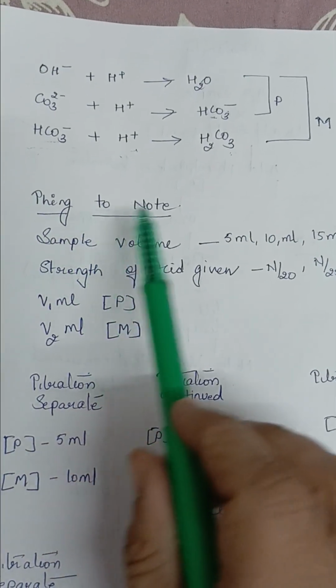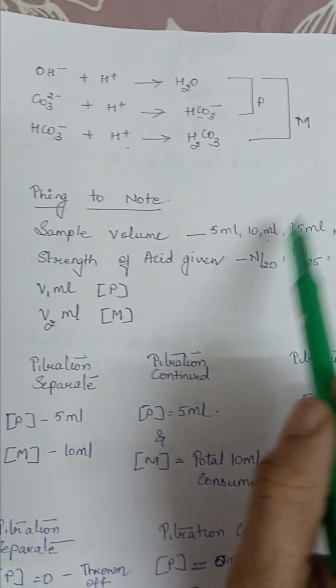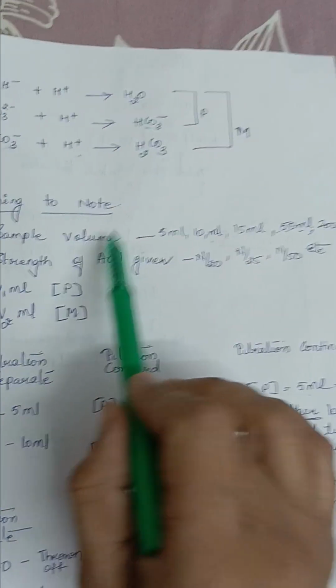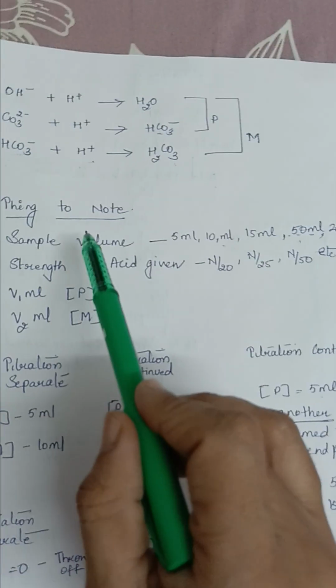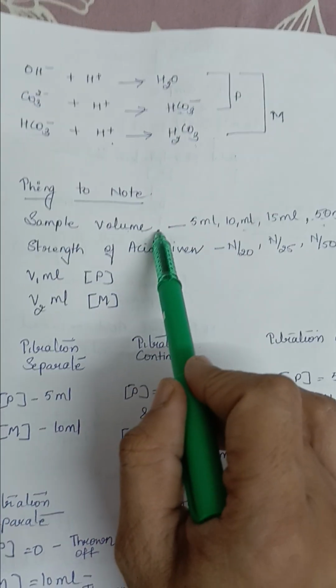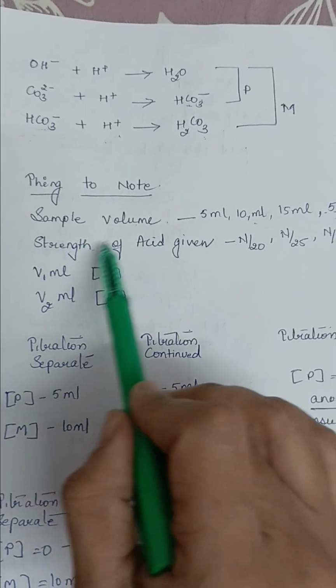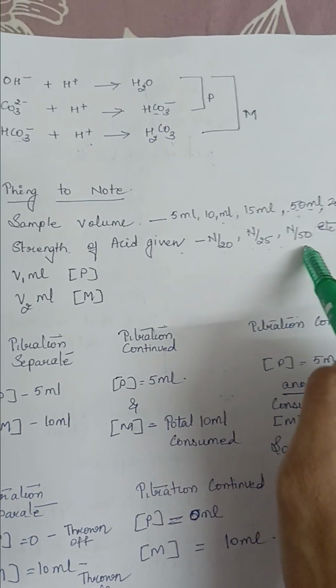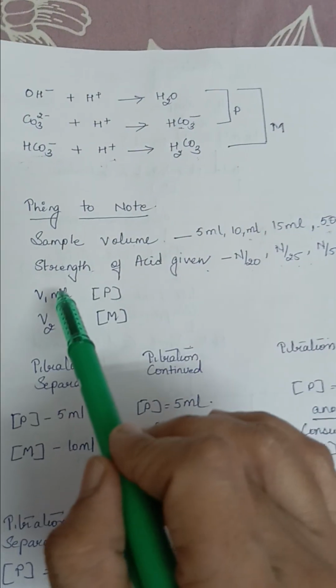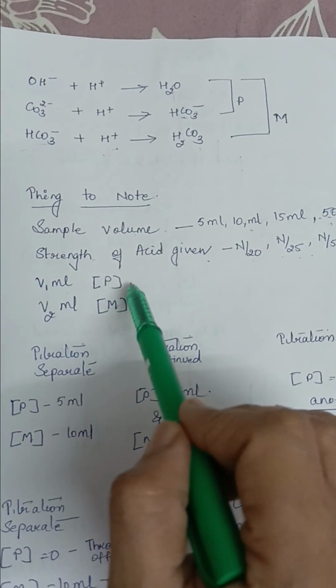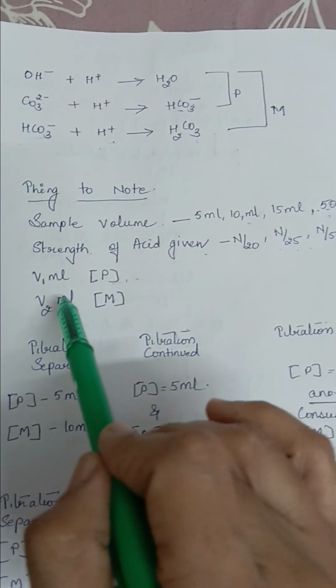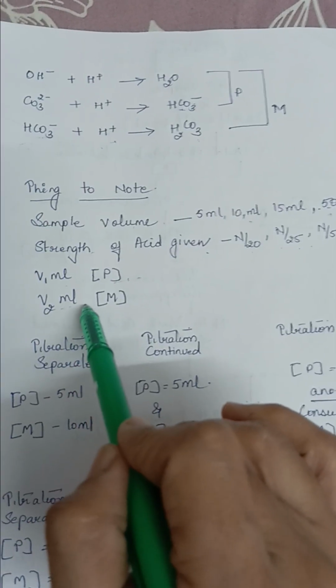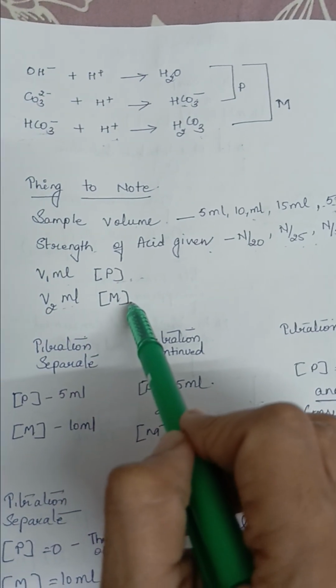Now, while solving the numericals, what we have to note down specifically: the sample volume, that is, what amount of water is to be analyzed; the strength of the acid given, N by 20, N by 25, N by 50, etc.; the V1 ml consumption till the phenolphthalein endpoint; and the V2 ml consumption till the methyl orange endpoint.